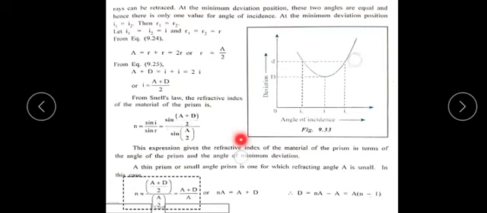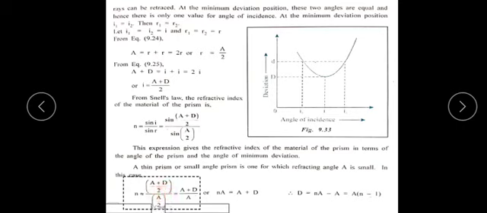For a thin prism, the angle of prism is small, for which the refracting angle A is very small. In such a case, the refractive index n is nearly equal to, for a small angle, sin I equal to I and sin R equal to R. Here sin of A plus D by 2 is A plus D by 2, and sin of A by 2 is only A by 2.